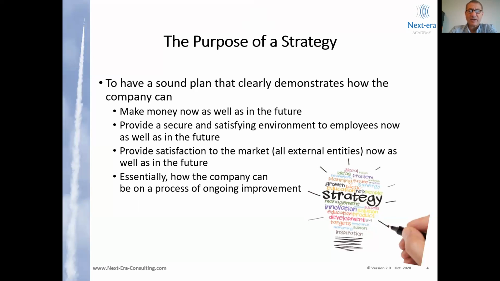Essentially, it is how the company can be on a process of ongoing improvement. The important thing is to understand the word "clearly demonstrate" and possibly also to pay attention to the horizon we talk about. I find a confusion around it as I see companies dealing with next year strategy. Next year is not a strategy, next year is more of tactics.